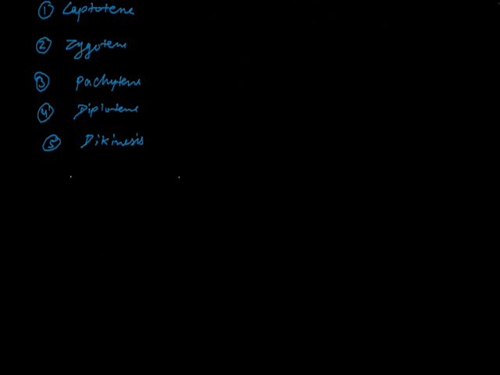Now we are going to discuss the first process, leptotene. In leptotene, chromatin threads condense to form chromosomes. In this stage, the chromosomes are longest and thinnest.